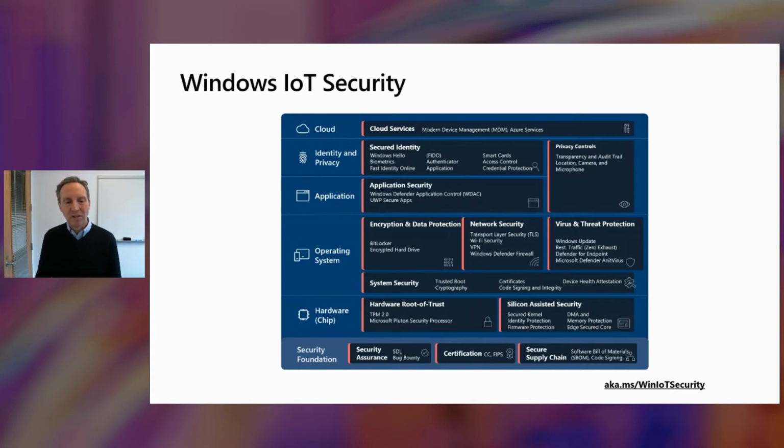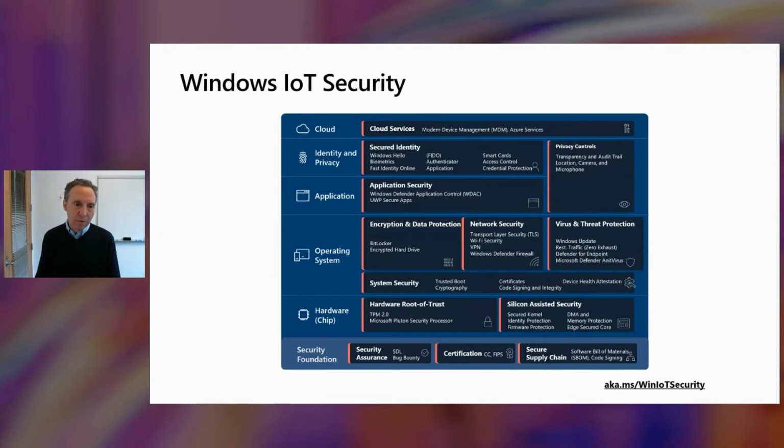So things like securing the supply chain, bug bounty programs, certification programs, all of these are programs and processes that we have in place to ensure that we have a broad foundation across the ecosystem.